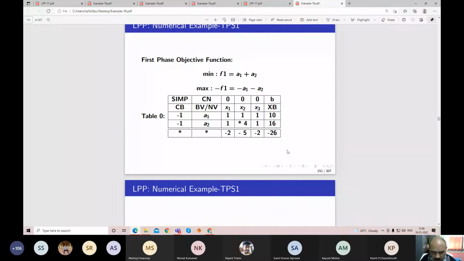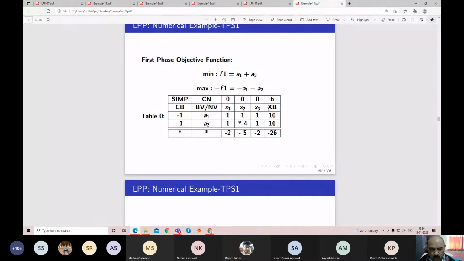Once the key element is decided, x2 is the entering variable. And which one is the departing variable? One will come, another will go. A2. See, there are 5 rooms: 2 for basic variables and 3 for non-basic variables.